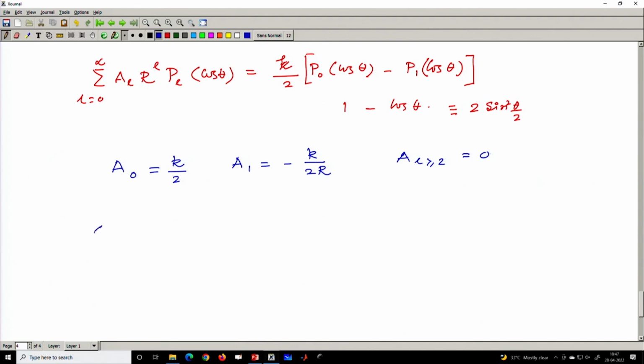So, my potential, what I get at r, theta, is simply k divided by 2, then P0 cos theta minus r prime, where r prime is r1, divided by r, P1 cos theta.